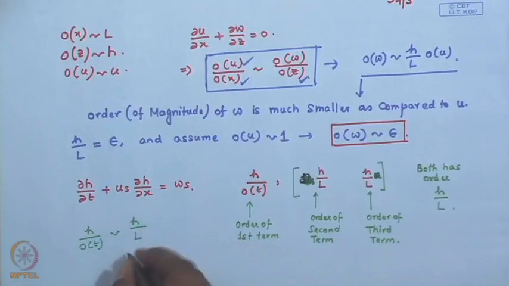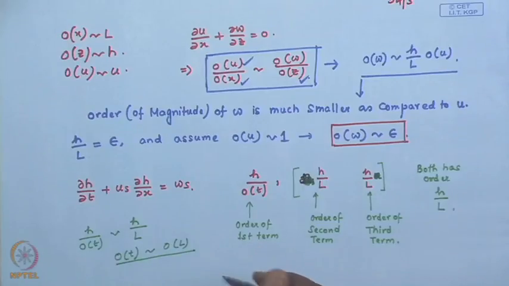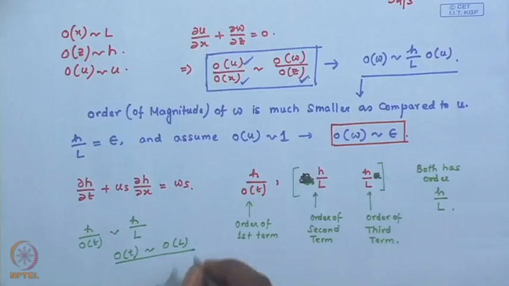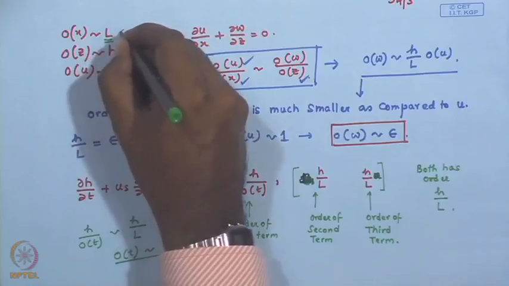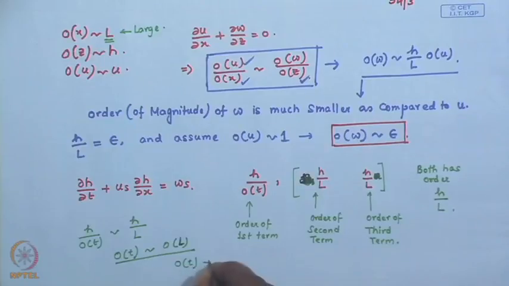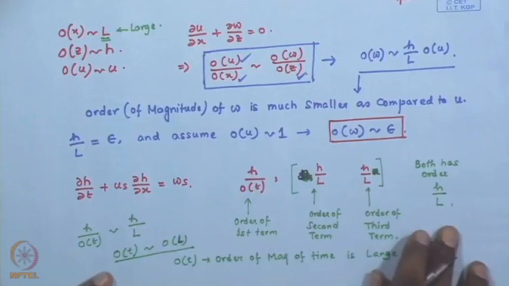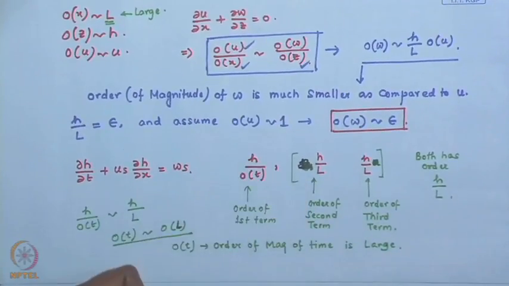So, what comes out, the order of time is of the order of L. Okay, and now we know that L is large. Therefore, the order of the time scale is large, or in other words, the dynamics of the system is slow.